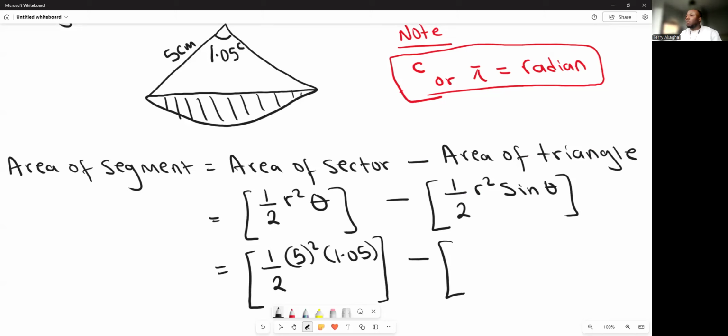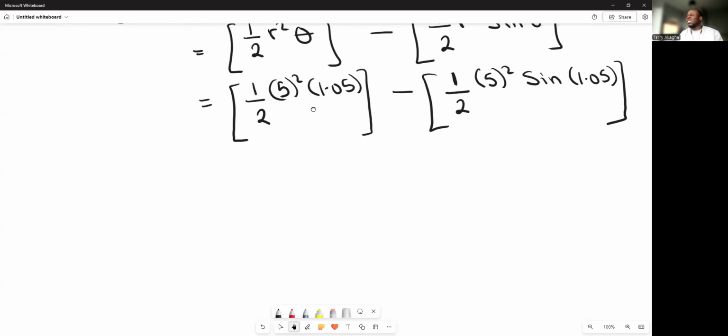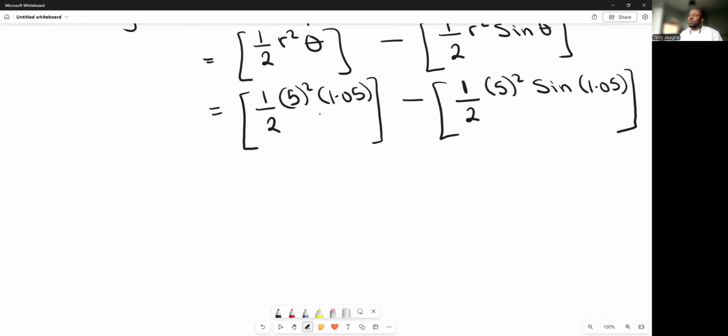So we have 1/2 times 5 squared, minus 1/2 times 5 squared times sine of our angle, 1.05, in radians. When you punch this into your calculator, the first part gives you 105/8, minus the second part, which gives you 10.84.